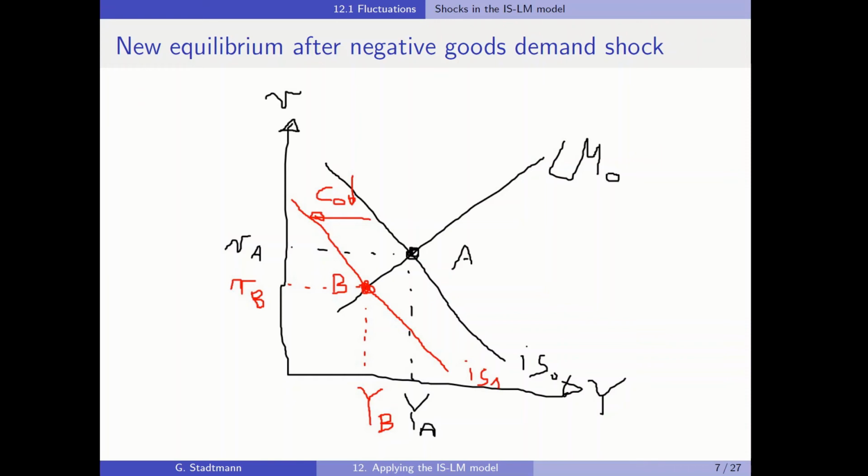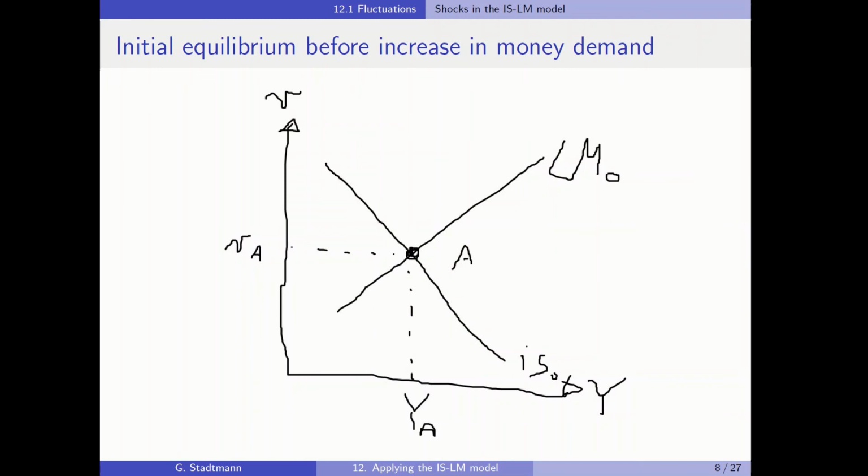On slide 7, we had a look at a negative goods demand shock, a shock which arrives at the goods market, and therefore the IS curve shifts to the left. Let's have a look at a money demand shock, an increase in money demand.